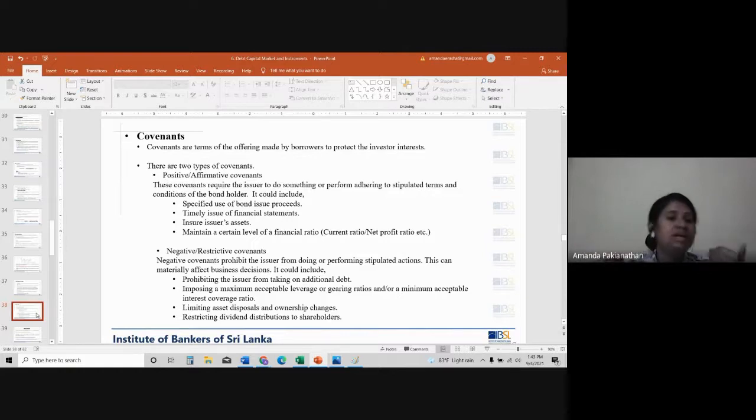And if the issuing company agrees to that initially, then if they have any sudden long-term requirements, they have to opt for equity financing, or they will have to bring their own investment to the company without opting for any debt financing. So that will affect the business decision. Why? Your avenues for sourcing are limited. If you don't have proper funding, you will have to drop that business idea itself.